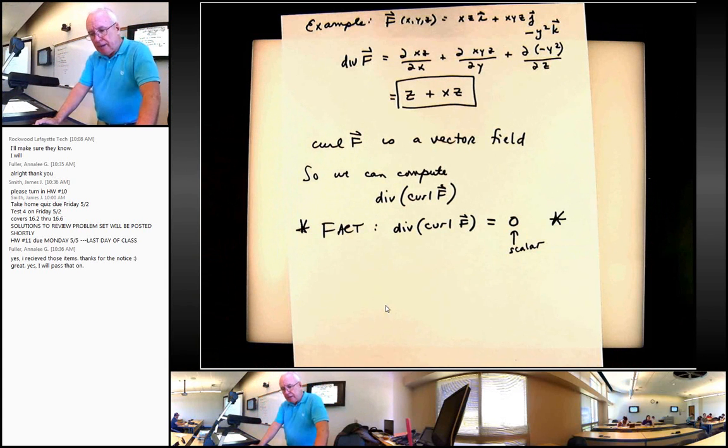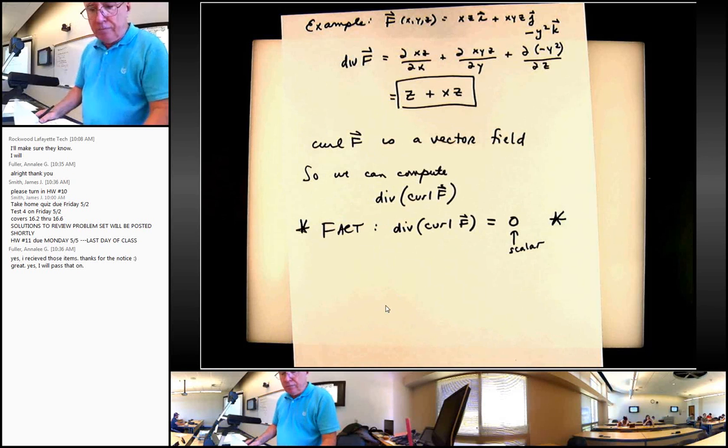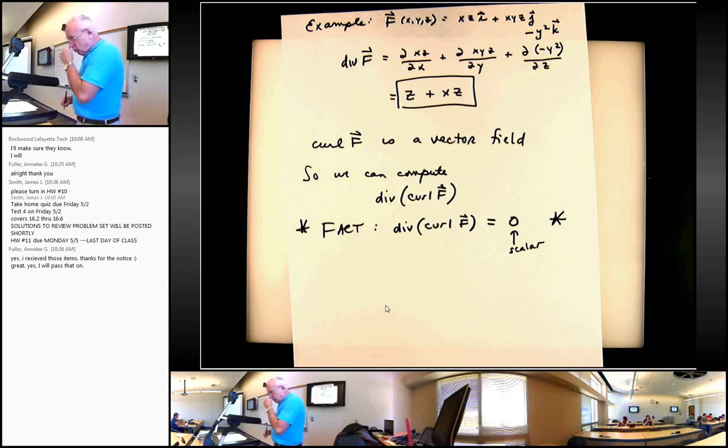Then the last thing about the div here is, why is it called divergence?